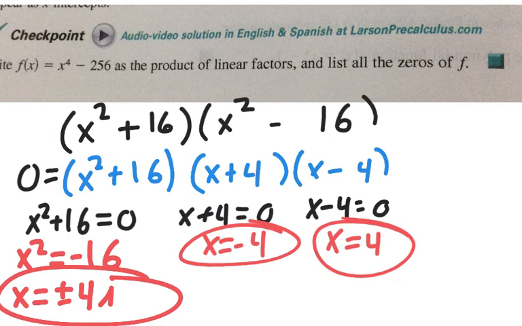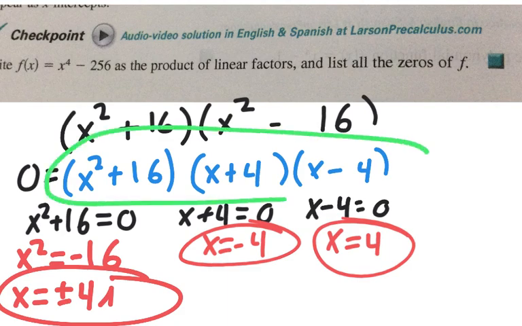Those are my other 2 roots. So I have positive 4i, negative 4i, negative 4, and positive 4. So again, right here is my factored form. And then right here are my roots.